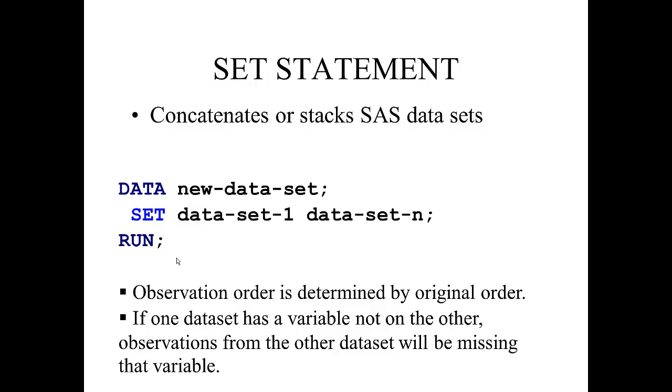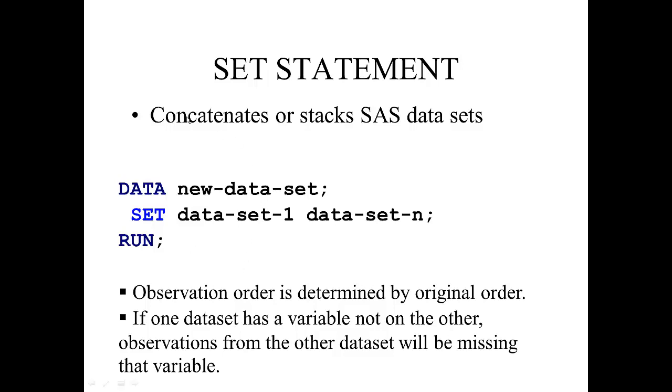So we can actually stack two datasets together and create a new SAS dataset. For example, if we had a dataset that were males and a dataset that were females, we could create a new SAS dataset that combined males and females by using the set statement.